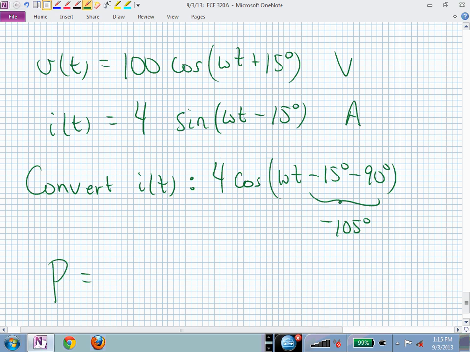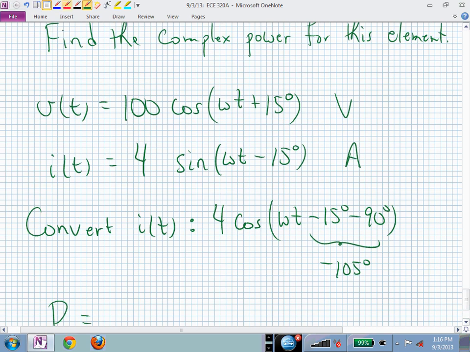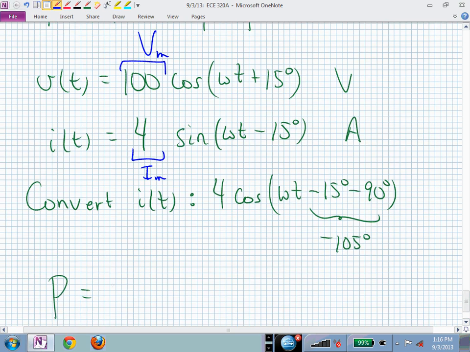So I'm assuming this is happening for a long time and I want capital P. In terms of these values, what is that? That's the maximum, isn't it? And this is the maximum of my current. If I use those numbers, then I need this to be 1/2 Vmax Imax, cosine of theta sub V minus theta sub I. That's my average power expression.